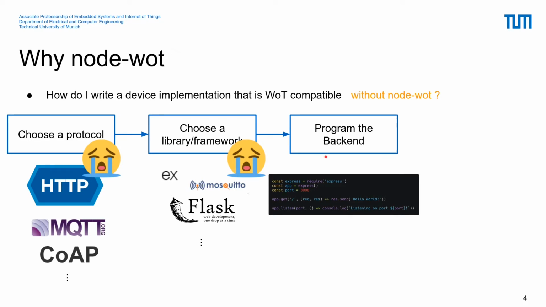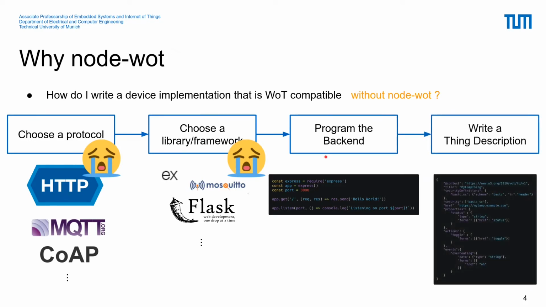And once you've done this, the more difficult part might be that you would need to write a thing description. This means that you should write a thing description that represents your implementation. And for this, you should know the thing description standard quite well. And of course, you shouldn't make any mistake, because the consumers will look at the thing description and interact with the backend accordingly.